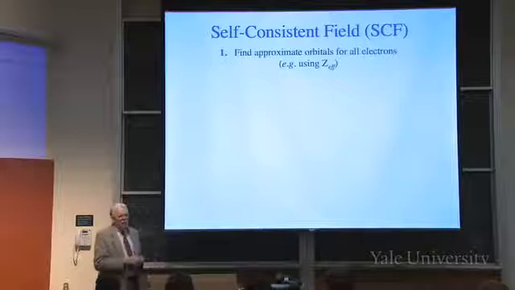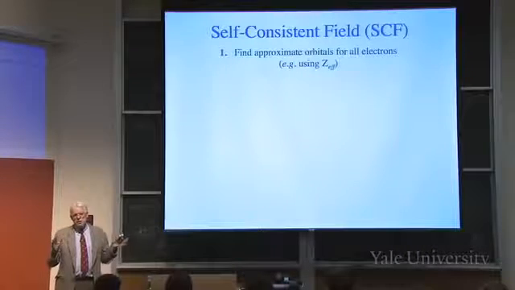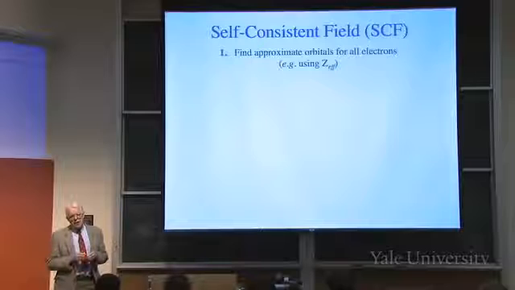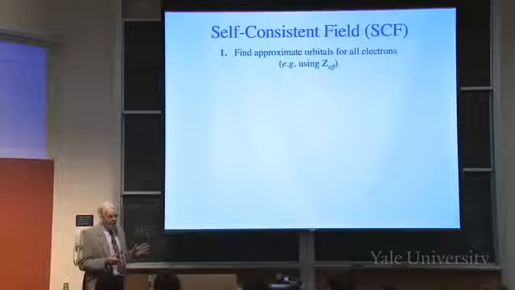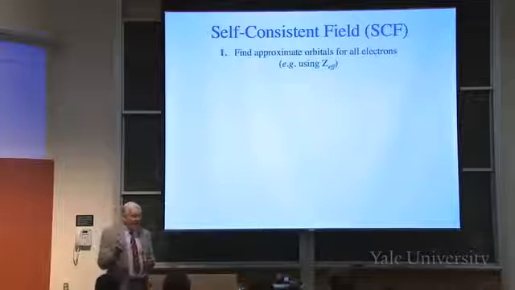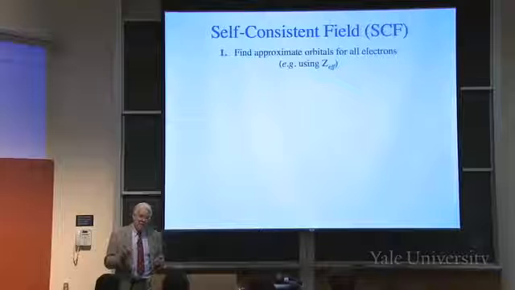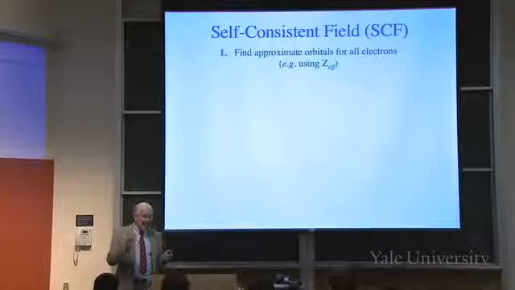Now, how will knowing how the other electrons are distributed help us find the orbital we're interested in, the one electron wave function? What do you need in order to solve a quantum mechanical problem? You need the mass of the electron. That's easy. What else do you need? The potential law, what its energy is, its potential energy at different positions.